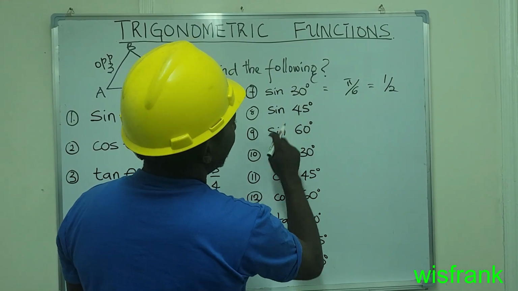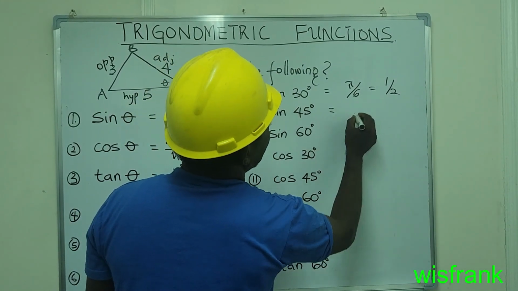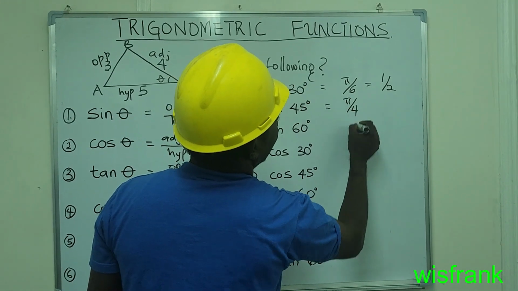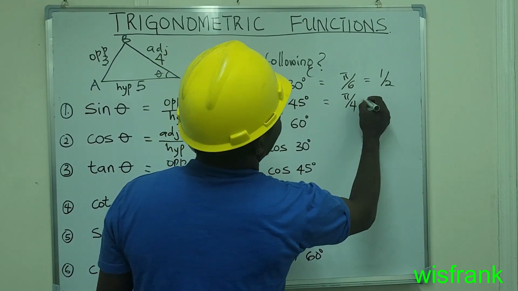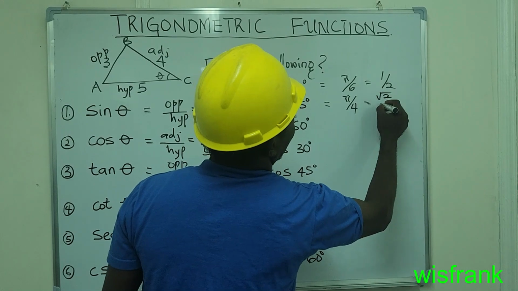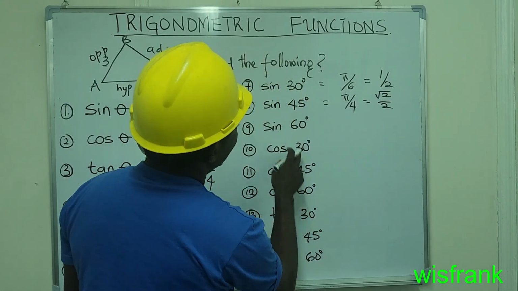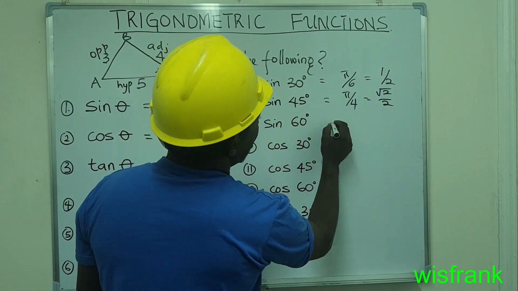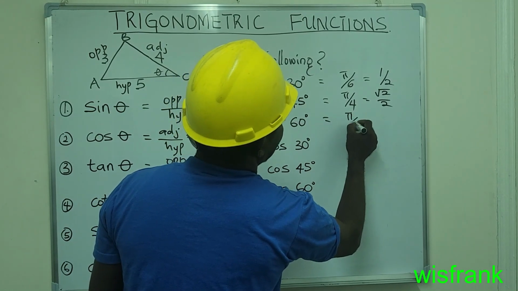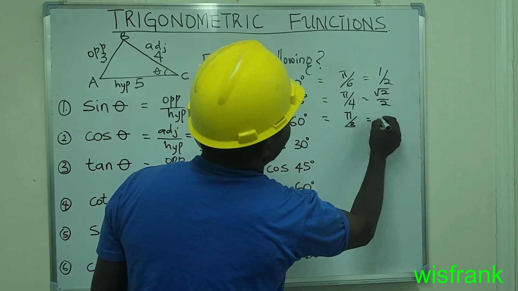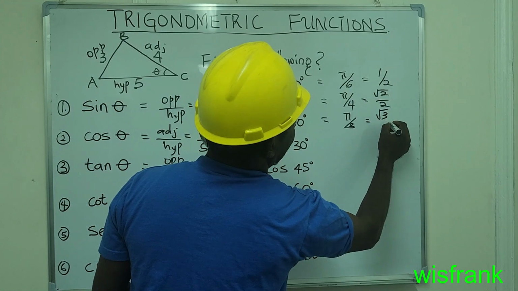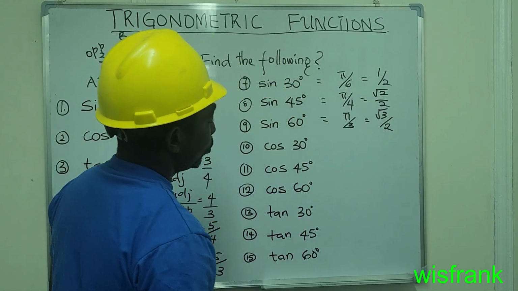So sine 45 here is the same thing as pi all over 4, and we further break it down, we have root 2 all over 2. So sine 60 here is the same thing as pi all over 3. Then we further break it down, we get root 3 all over 2.